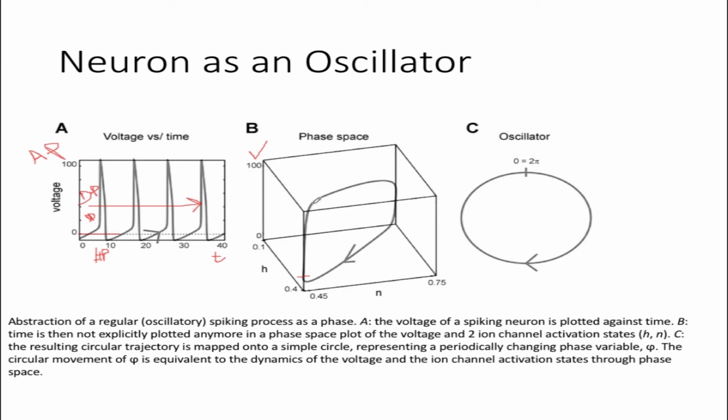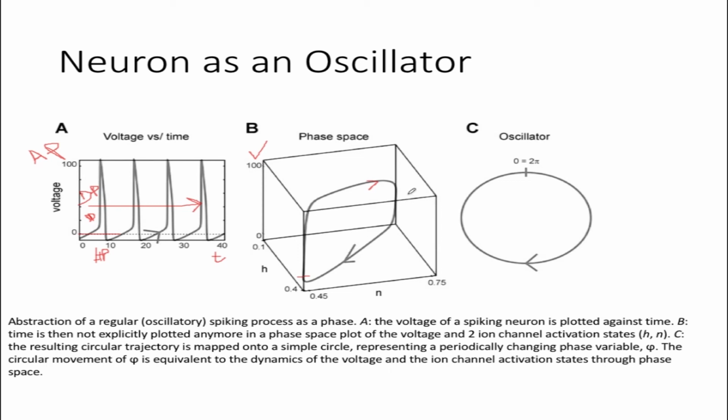Initially there is a value of H that we are having, and as the threshold has been crossed, we can see that the value of H is decreasing, it has decreased to a low level, and the N has started to increase.